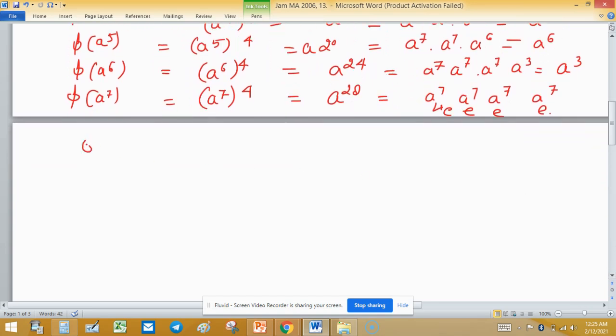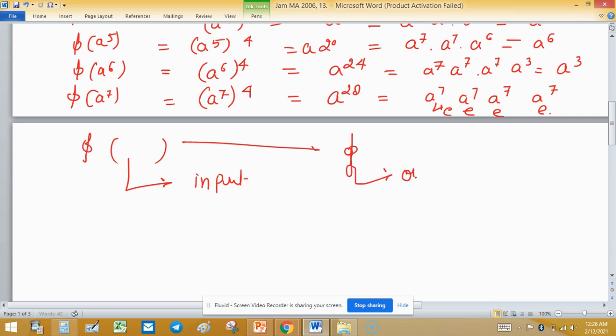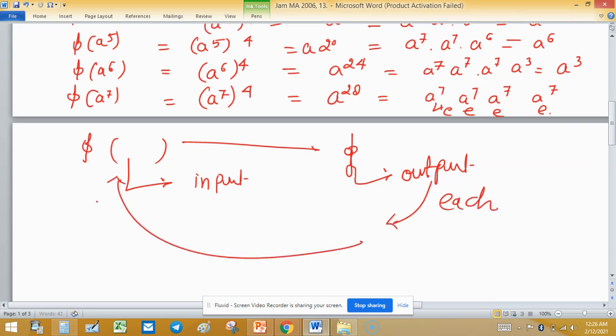So you can check as you put input, you will get output for phi, and for each output there exists a domain element or input.